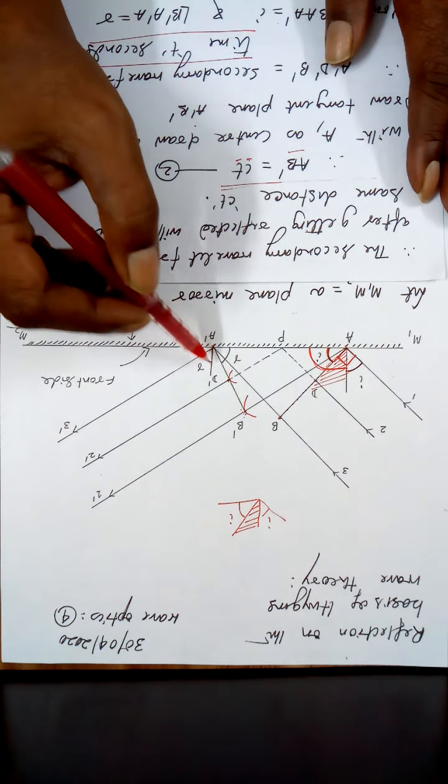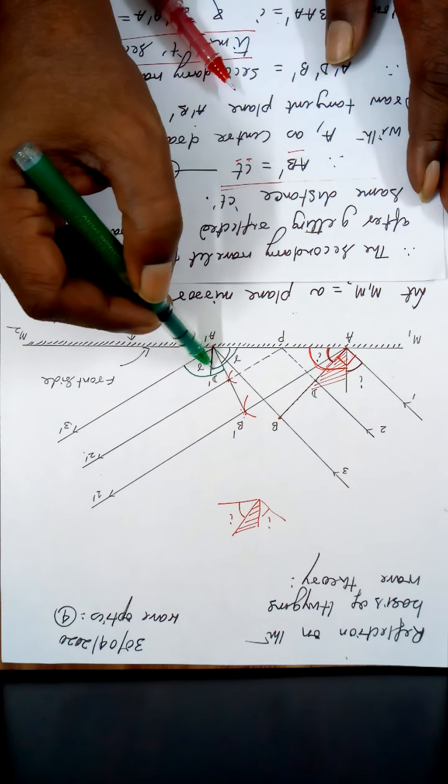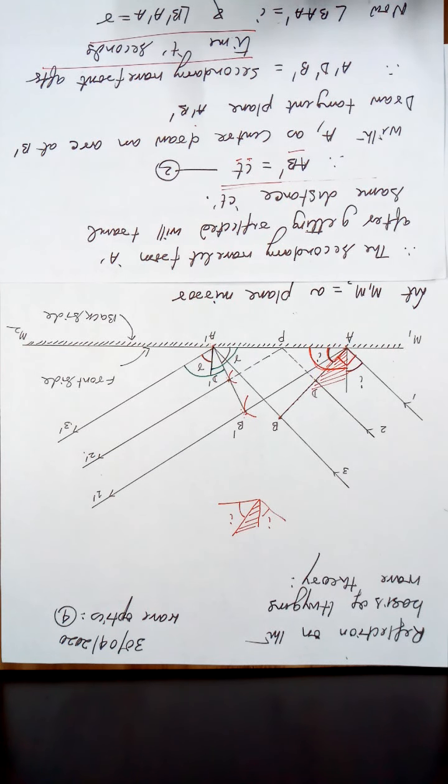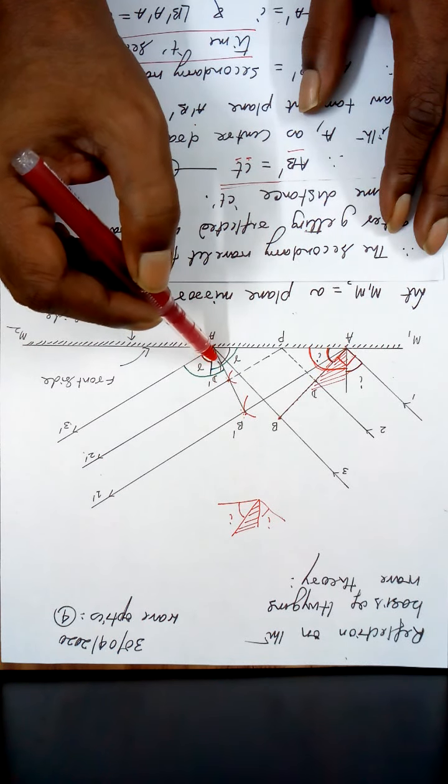Therefore this angle is 90. Again to the mirror, this line is normal, that is this angle is 90. So the common part is taken out from both 90s. Therefore the remaining angles will be equal. So this is R, and the remaining angle here will also be R.